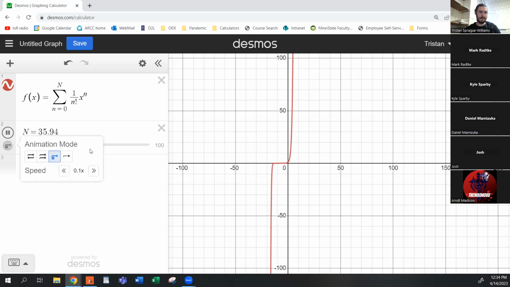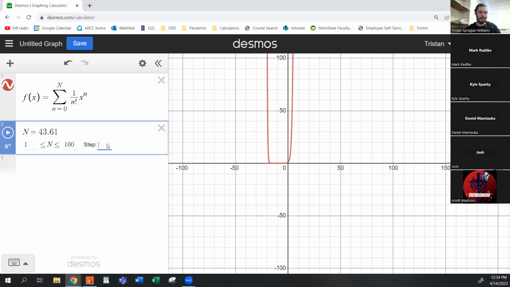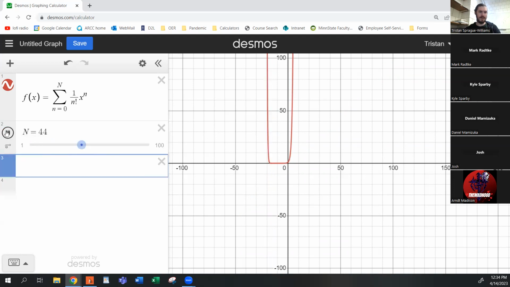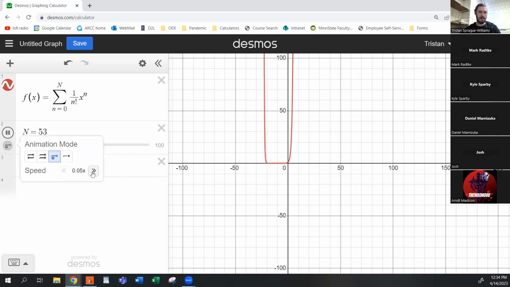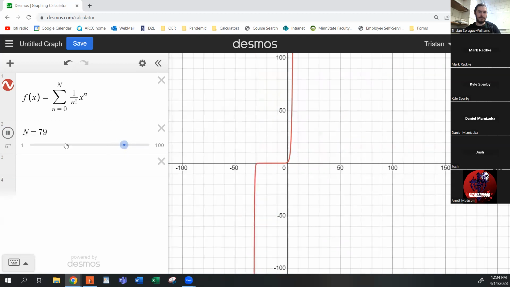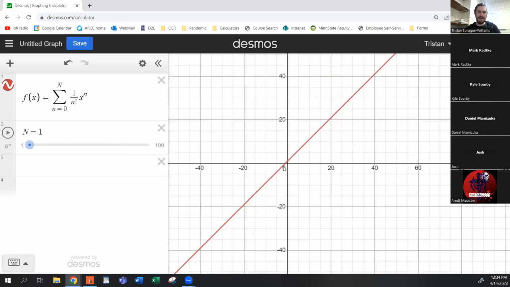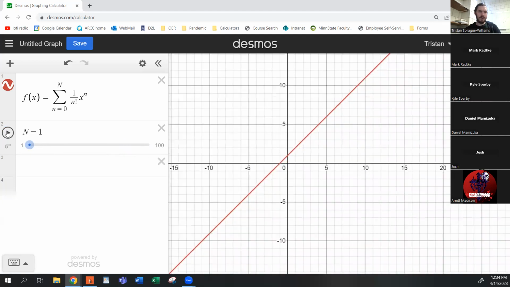Oops. Step of size 1. That's what I wanted to do. There we go. Okay, we're going to bring it back in a little bit. Okay, so now we have a good view.